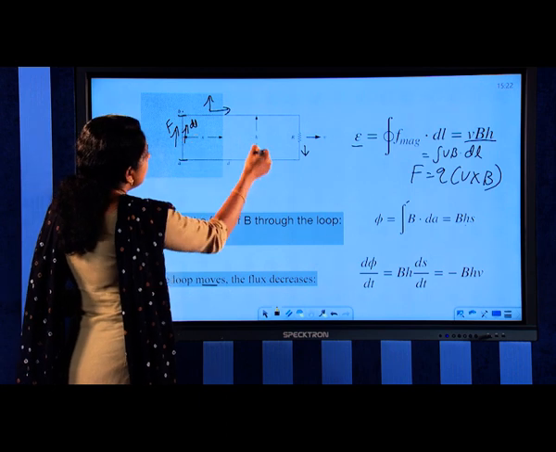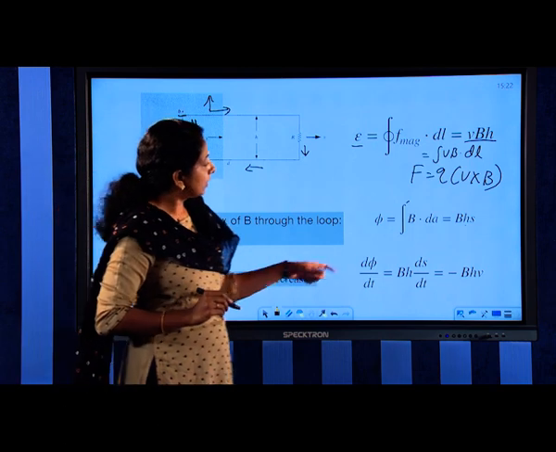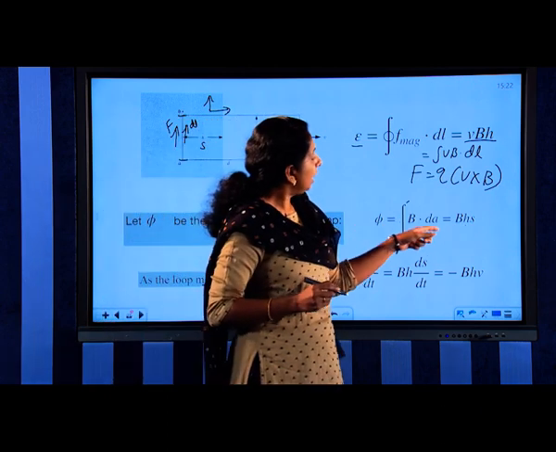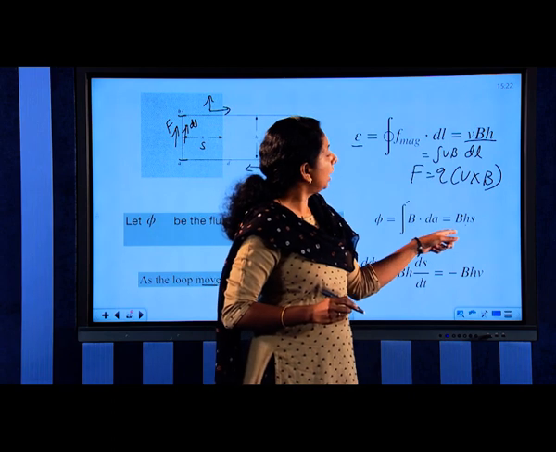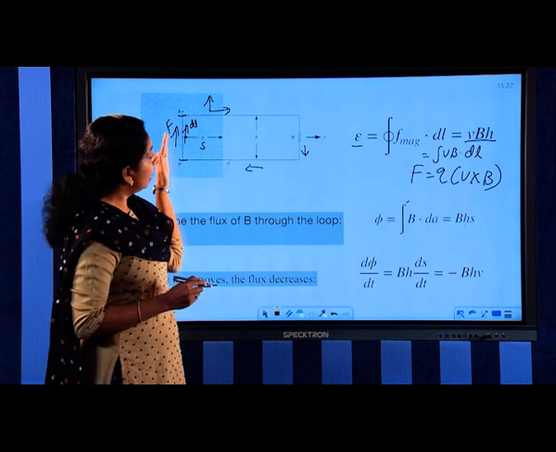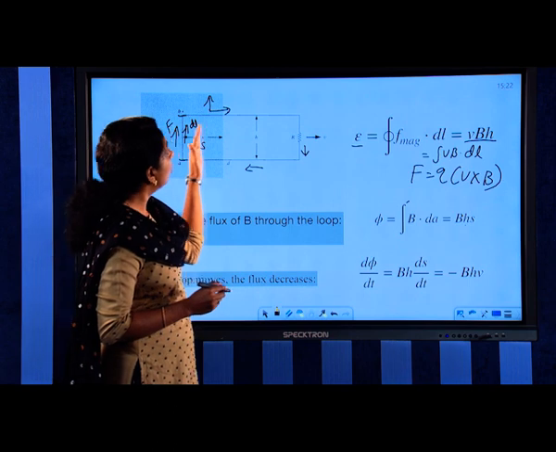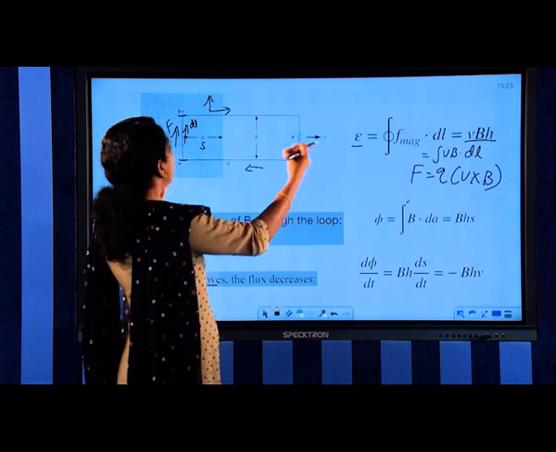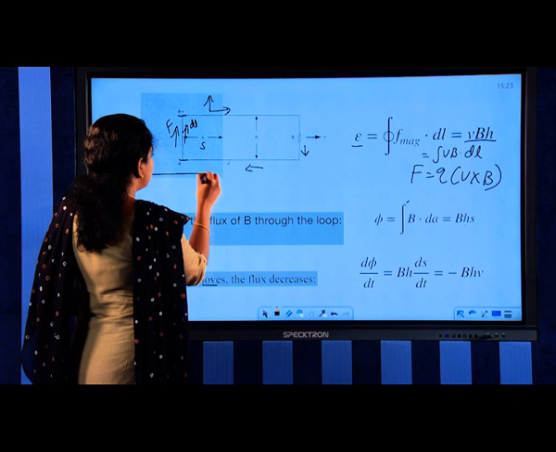Here H is the length and, sorry, here it is S. So B dot dA means H times S. So phi is equal to B into H into S. So here we can see that when we move the wire to the right with some speed V, the flux associated with the loop goes on decreasing, just because we are moving the loop away from the magnetic field. Here the magnetic field is acting only in this much region.